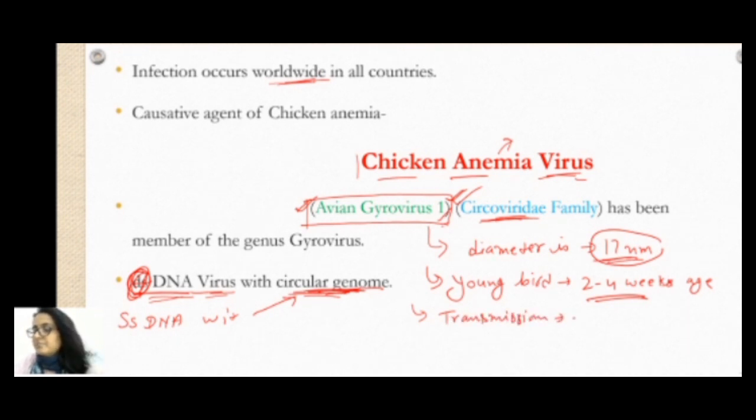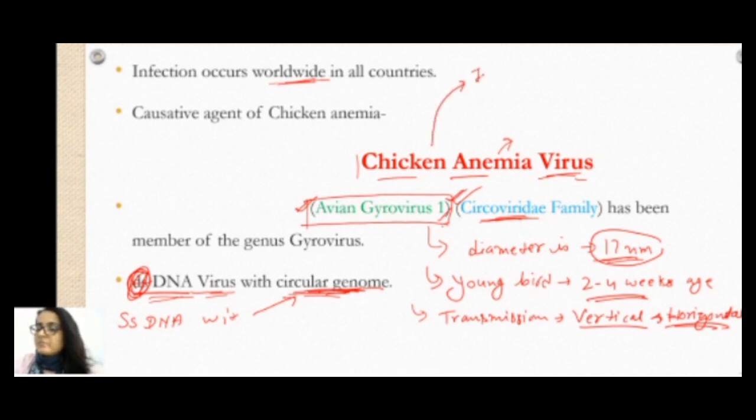Both vertical and horizontal transmission occur. Most importantly, chicken anemia virus is an immunosuppressive virus.